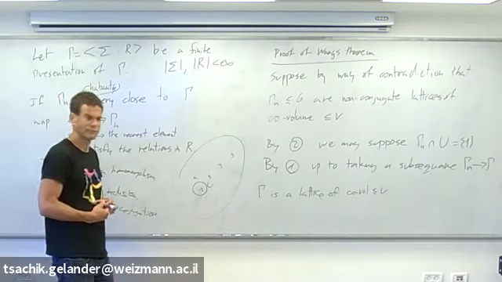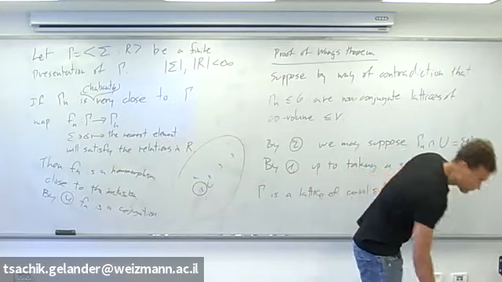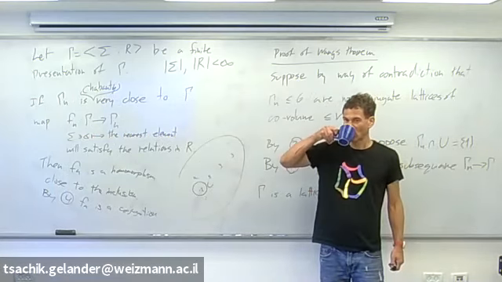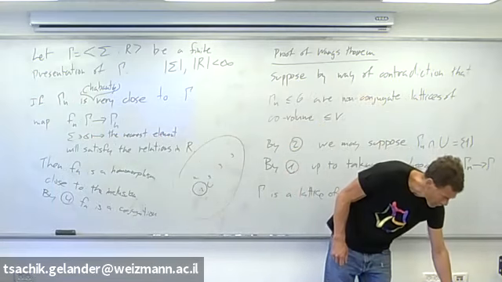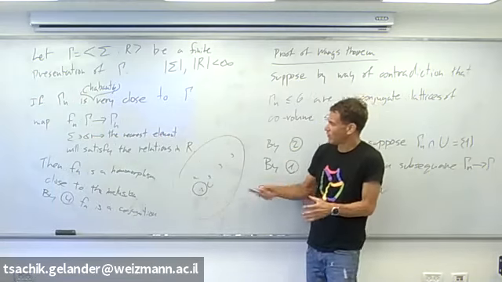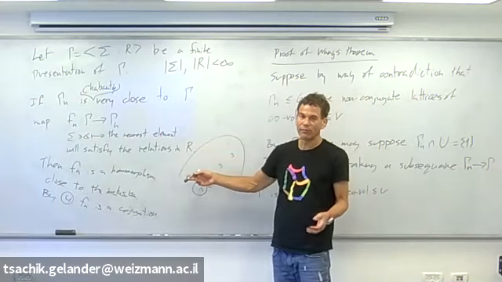It is close in which topology? Sorry? You said Fn is close to the identity, but by which topology? No, close in the representation variety.